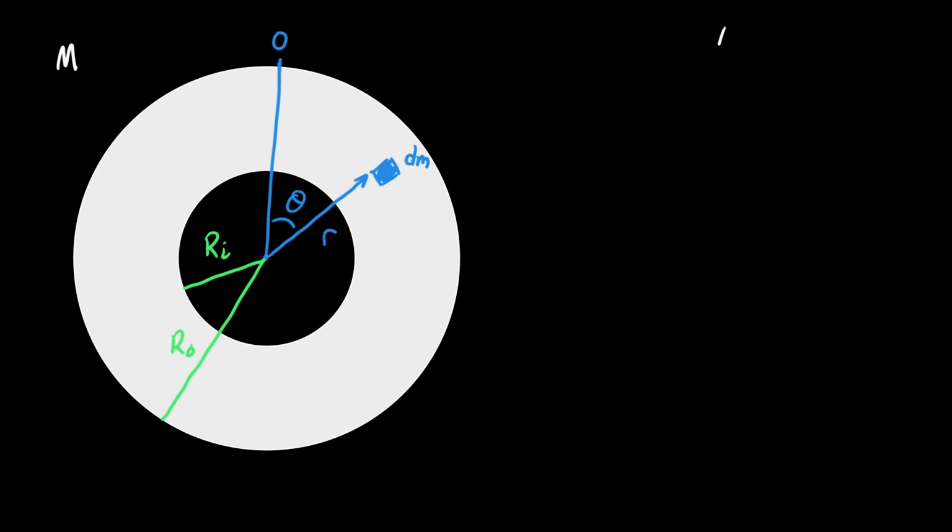So I think the best way to do that would be the area of the big circle minus the area of the hole. This would give us the area of the whole thing. So pi r outer squared minus pi r inner squared will be the whole area. Does that make sense? All right.